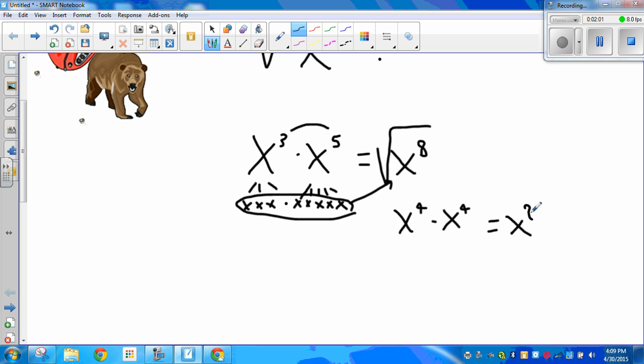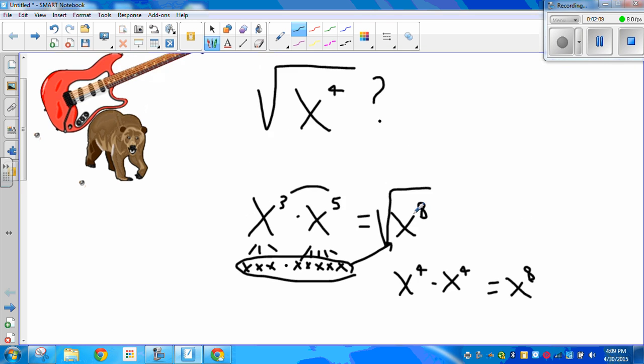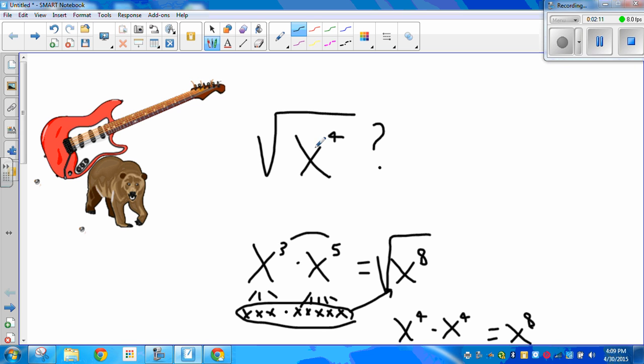So the square root of x to the 8th is x to the 4th. When we take the square root of any exponent, what we're really doing is dividing the exponent in half. And what's 4 divided by 2? It's 2, and that's the answer to this one.